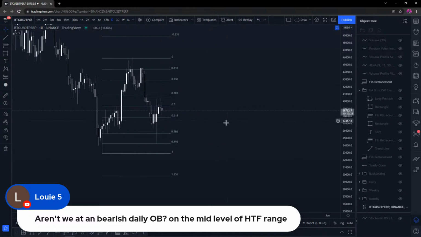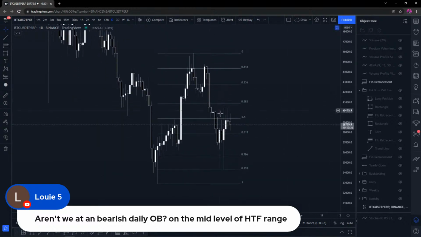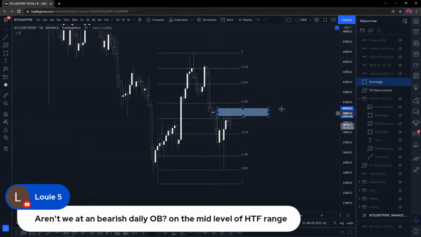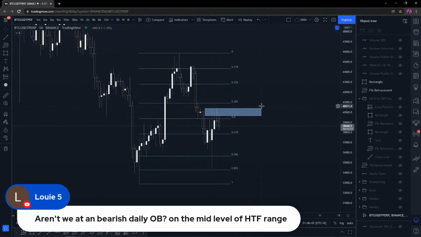At the moment through here, if that's what you're referring to, as in this zone here. If that's the one you mean, then possibly.